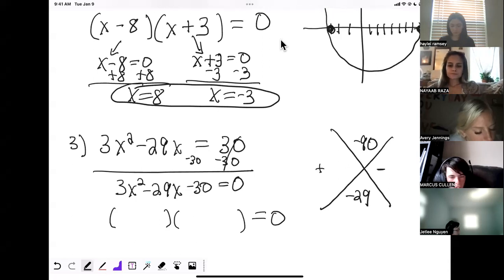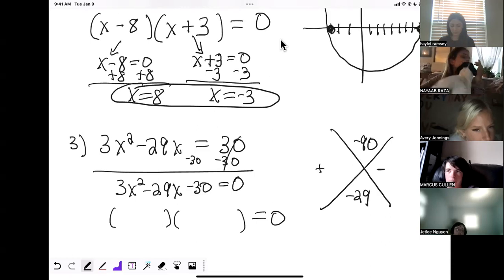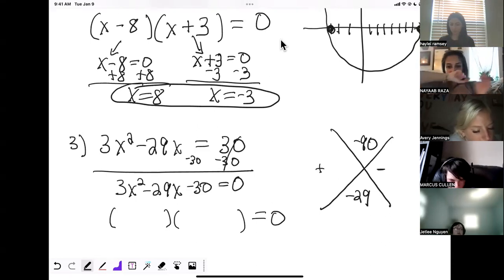Anybody have it? Tell me what you have. 10, 20. Is there anything? Anybody find anything? 90 and 29? It looked weird.